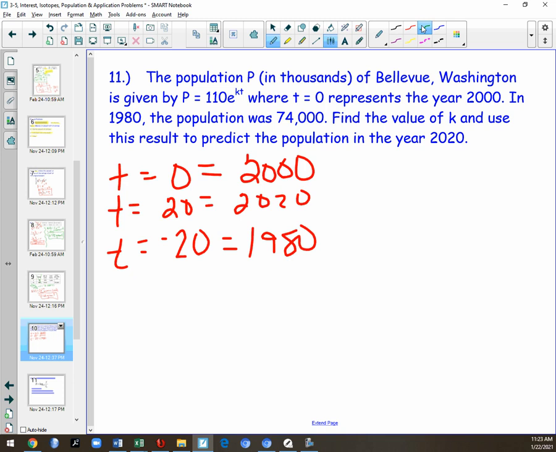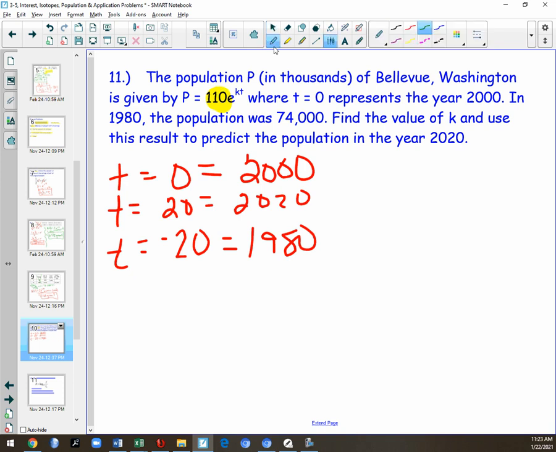Obviously, we're increasing, because the population in 1980 was 74,000, but the population in 2000 is going to be 110,000. Now find the K and use the result to predict the population in 2020.